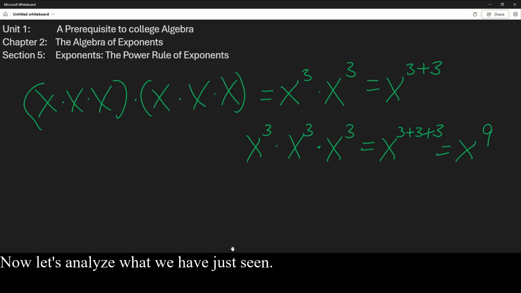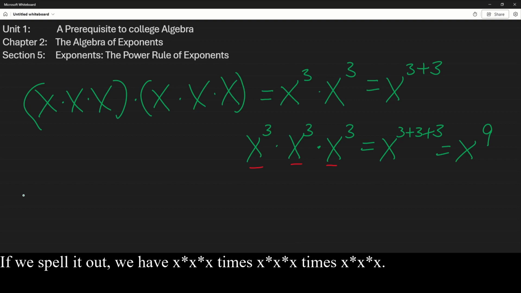Now let's analyze what we have just seen. We have 3 sets of 3 x's. If we spell it out, we have x times x times x times x times x times x times x times x times x.